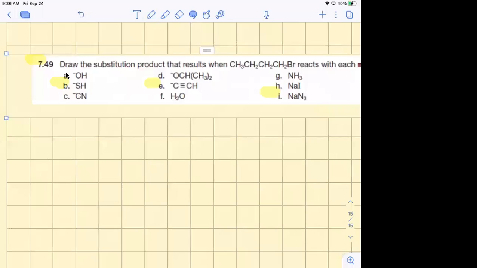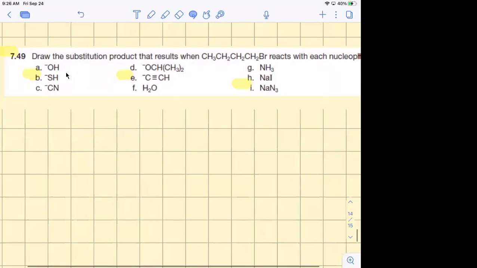All right. So this is my substrate. You can see that it is a primary substrate. It doesn't give us any solvent or anything like that.